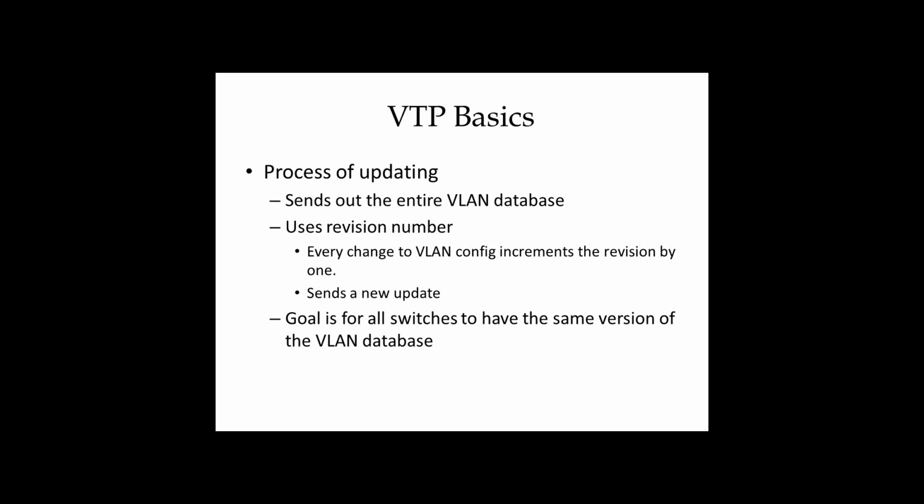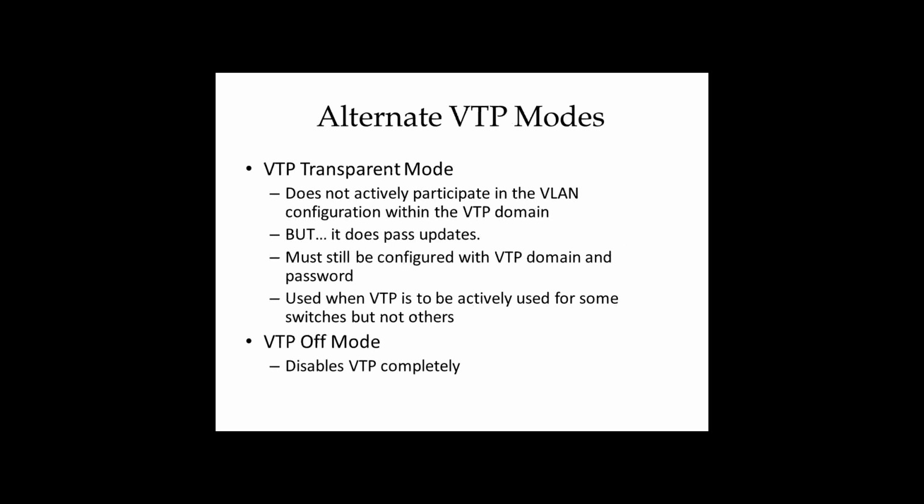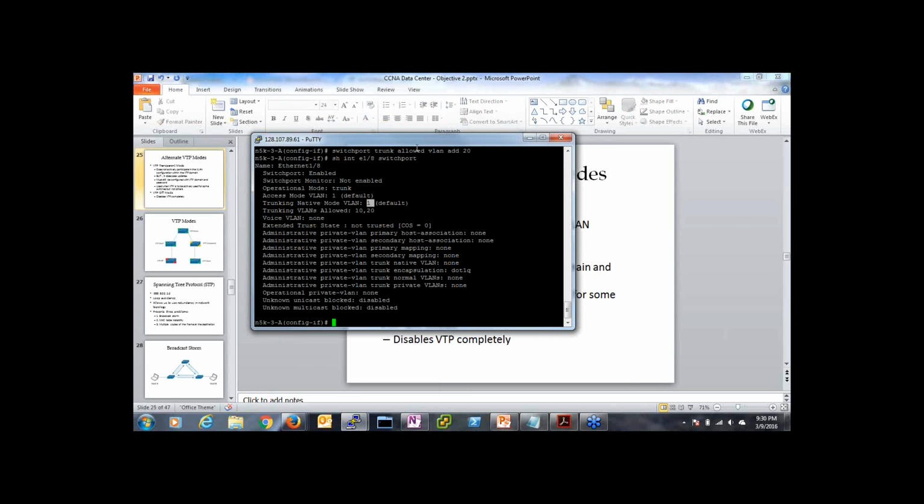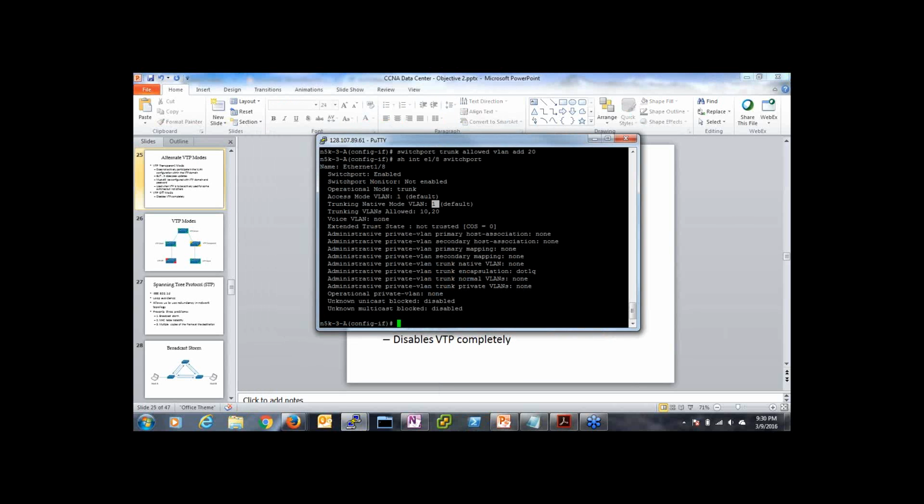Every change that's made on a VTP server increments the revision by 1, and then it sends out the entire VLAN database to all the other switches, and the goal is for all the switches in a VTP domain to have the same version number of that VLAN database. So again, it's a fairly powerful process. And here I'll show you on my switch here.